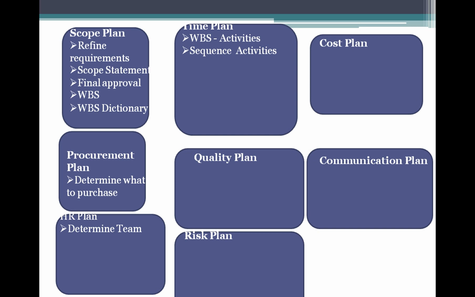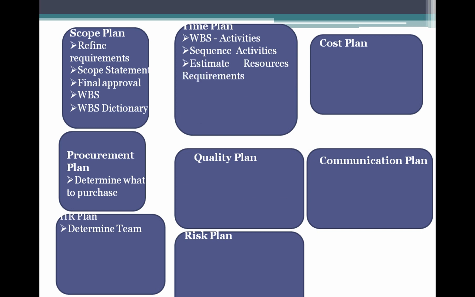So sequencing the activities defines the predecessor, the successor, and the links between those activities by arrows, and creates the network diagram. This network diagram tells how we are going to perform this project. This will be documented in the project planning document.